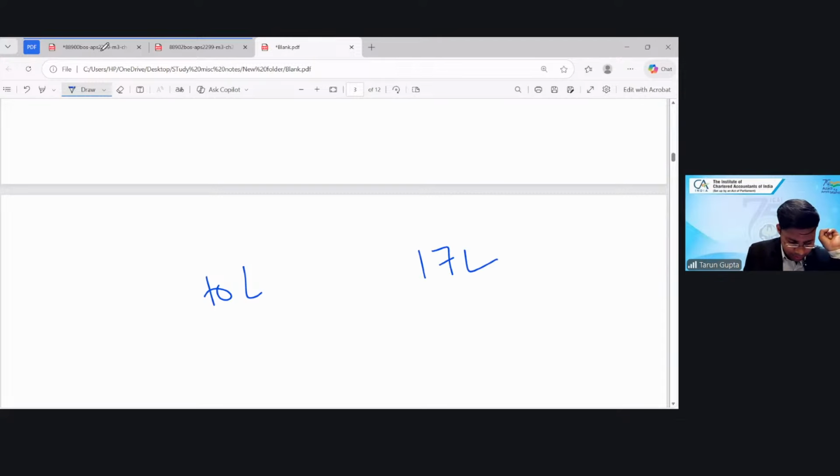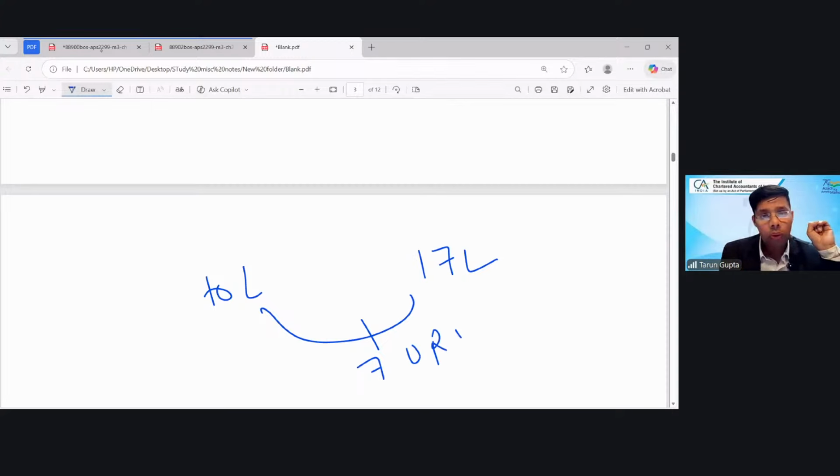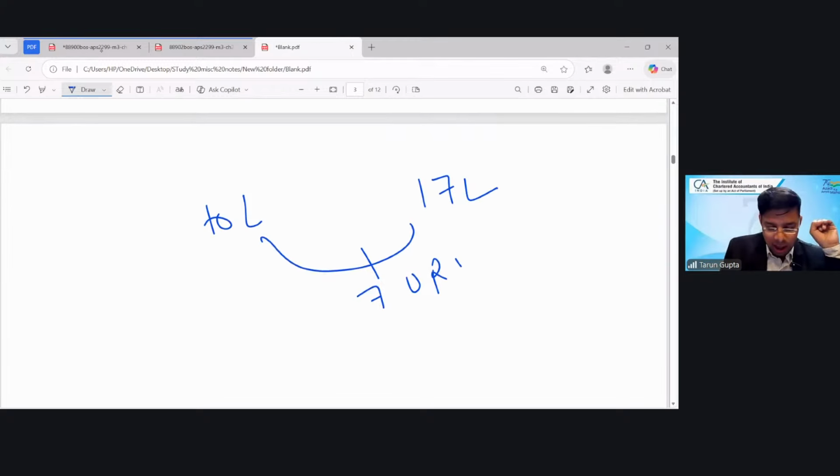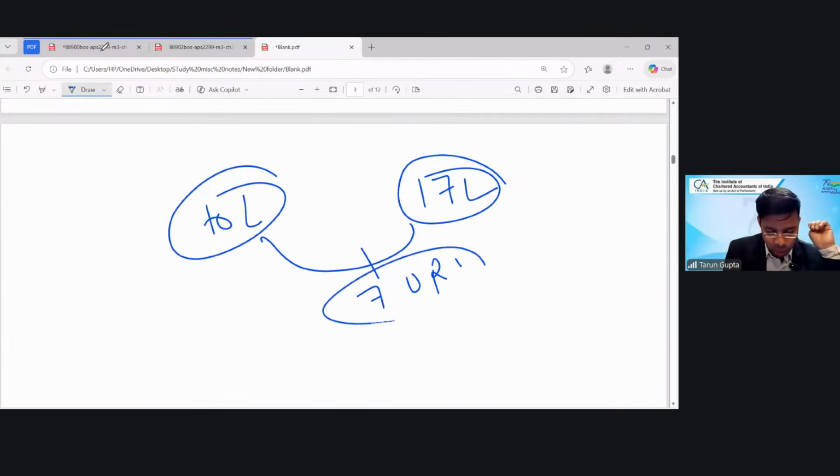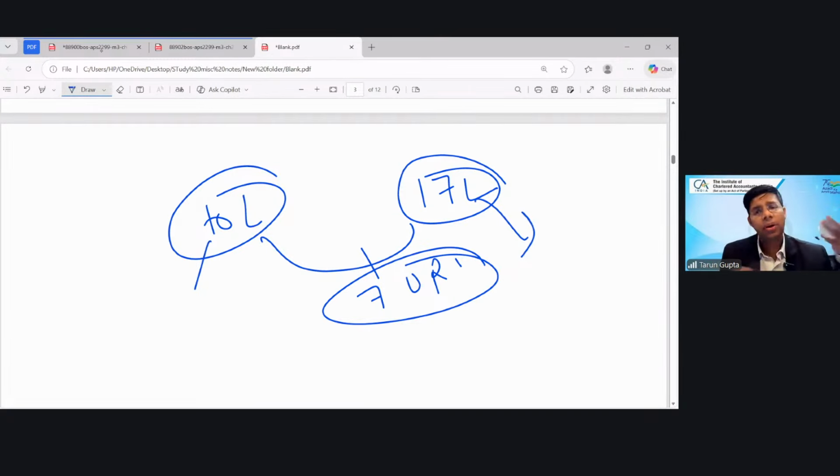Income assessed is 17 lakh. This 7 lakh is the underreported income. Now, how will I compute tax on 7 lakh? I compute tax on 17 lakh minus tax on 10 lakh. You're with me? 17 lakh is the income assessed, 10 lakh is the income determined in the intimation. The difference is the tax on underreported income.